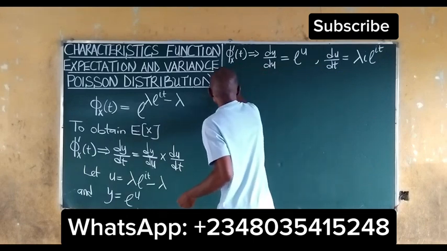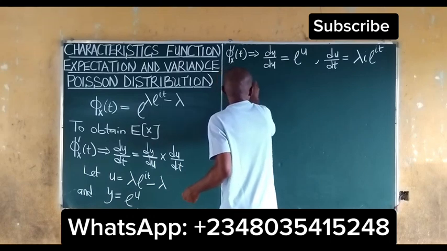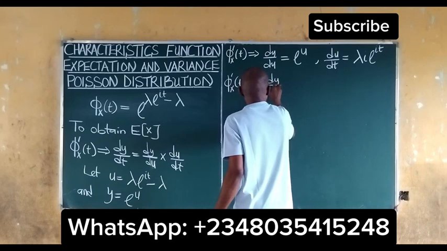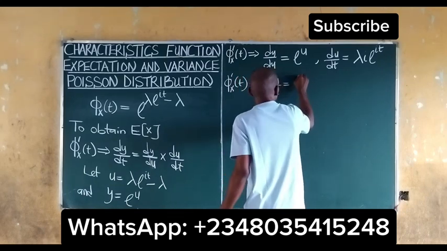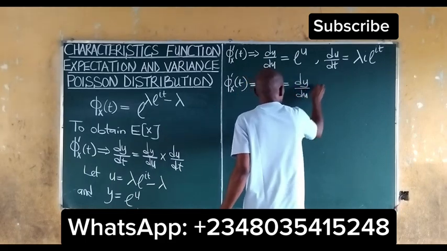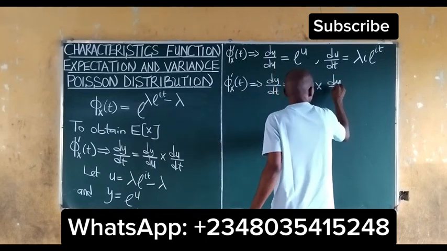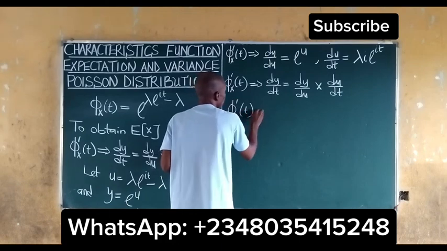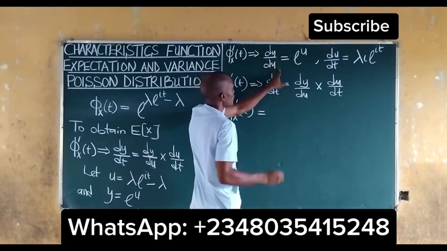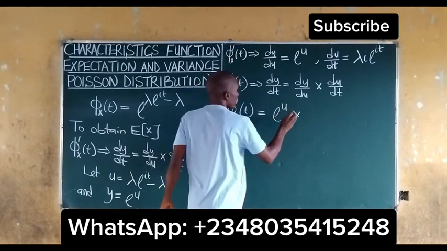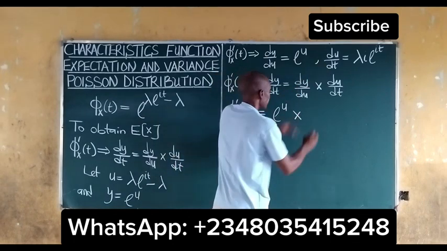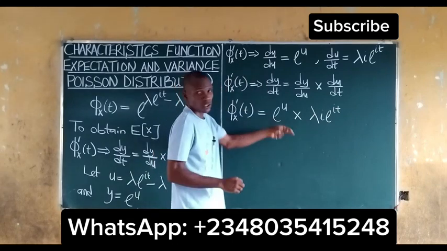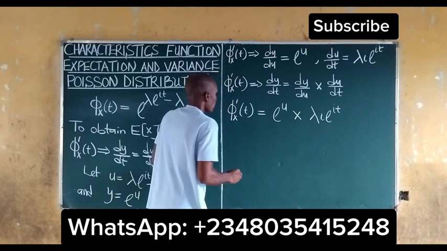So our derivative of the characteristic function is equal to dy/du multiplied by du/dt. dy/du is e^u, multiplied by du/dt, lambda i e^(it).